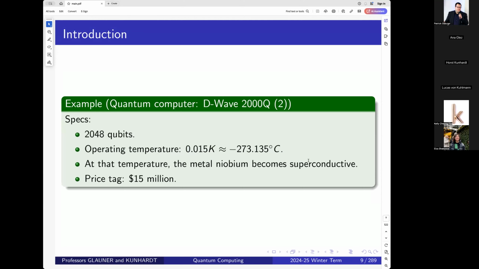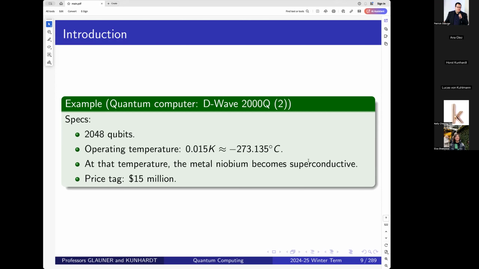And then if you combine lots of qubits, you can in fact get a speedup. And the D-Wave 2000Q has 2048 qubits. If you look at other vendors, for example IBM, they have fewer qubits, but we will look into these architectures in a few weeks. It's very important: you cannot just compare D-Wave with IBM. They're totally different approaches, so you cannot just compare the number of qubits.